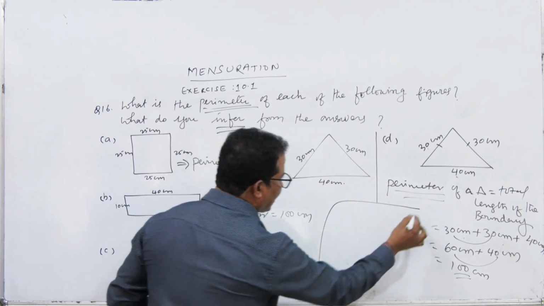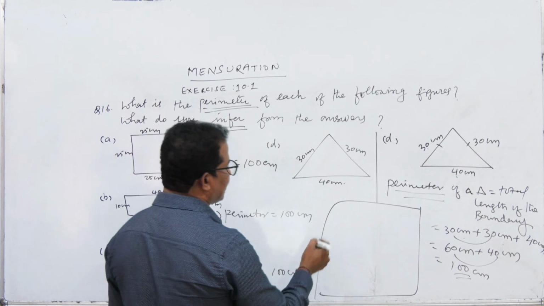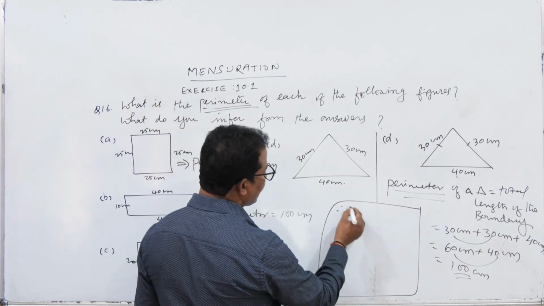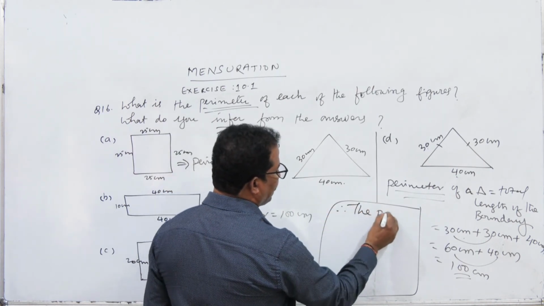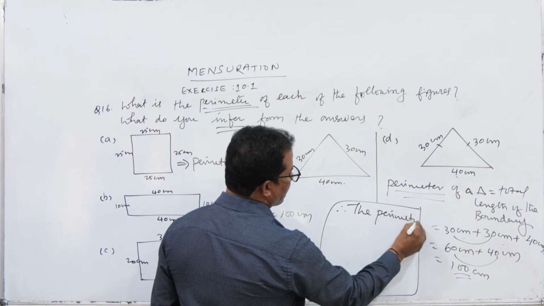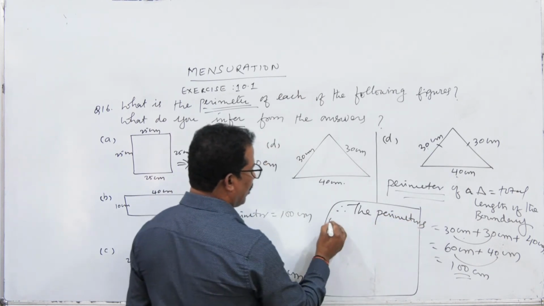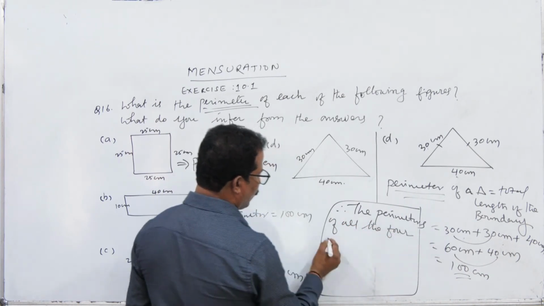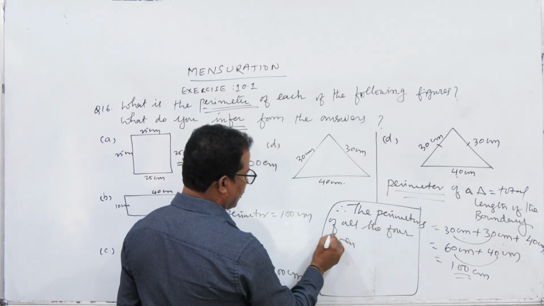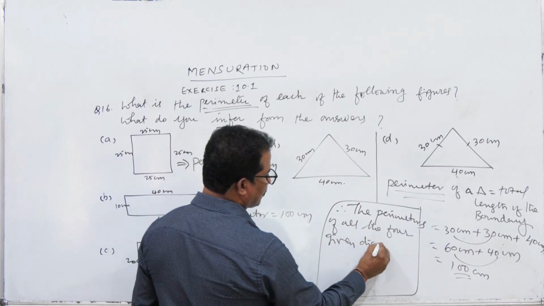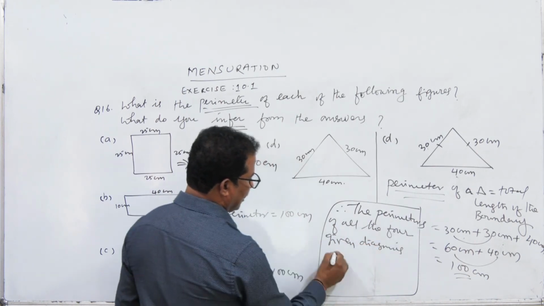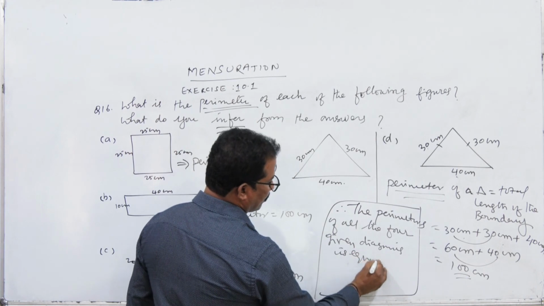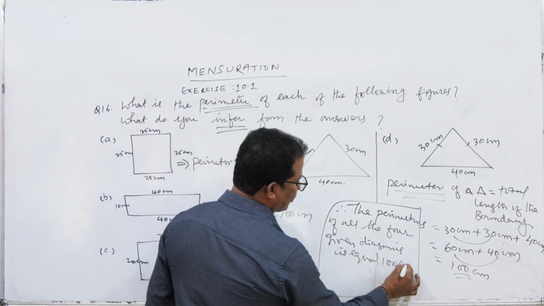So for the second part of this question, we write the answer like this. So the perimeters of all the four given diagrams is equal to 100 centimeter.